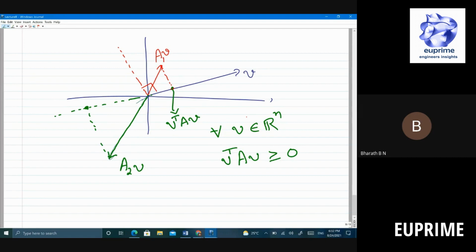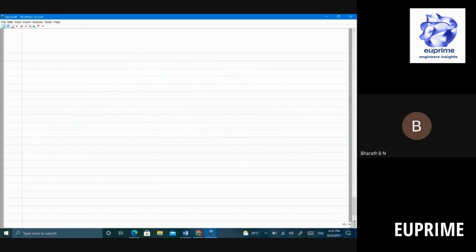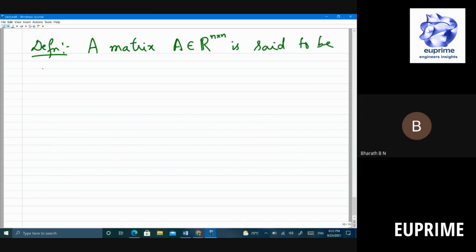If it is greater than 0, it's called positive definite. Okay, so let's define that. So this is the definition. A matrix A belonging to Rn cross n is said to be positive.